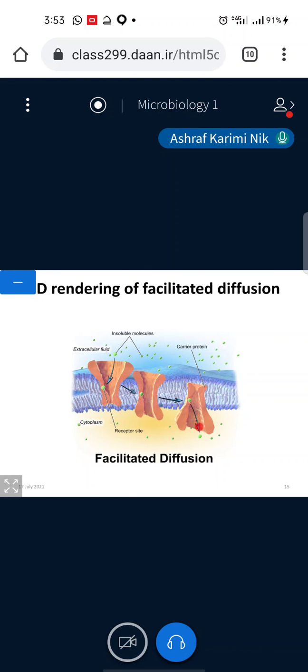This is the carrier protein in brown color, and the green color is a material, a molecule.